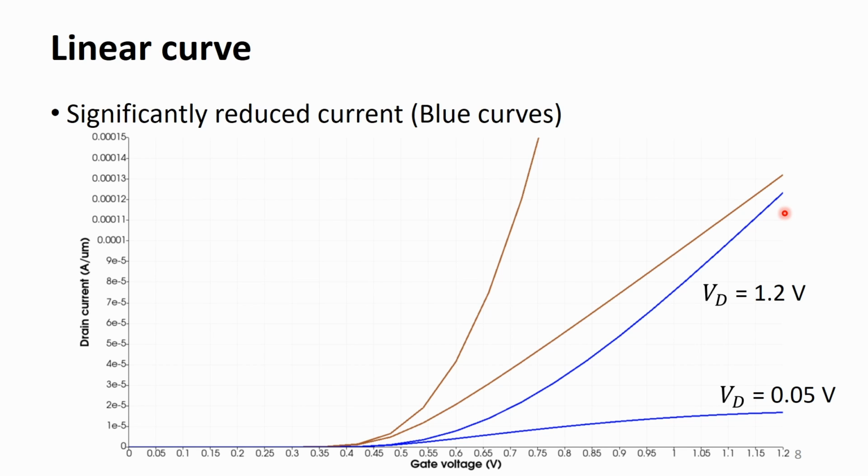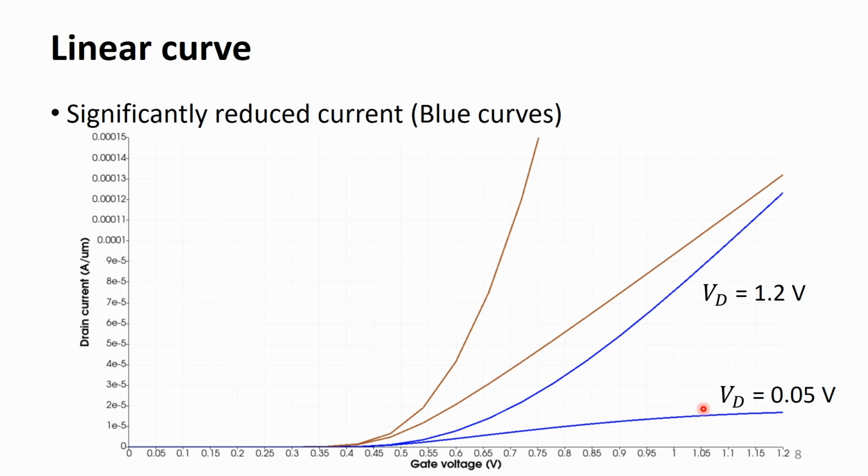Another observation can be made for VD equal to 0.05 volt. Beyond the threshold voltage, the previous brown line was perfectly linear. But now, with the mobility model, the blue curve is not linear anymore, even beyond the threshold voltage.